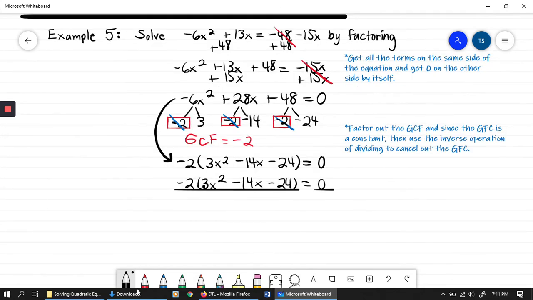So again, guys, we're going to divide both sides of the equation by negative 2. When we do that, the negative 2's cancel out on the left side, and we're left with 3x squared minus 14x minus 24 equals 0.